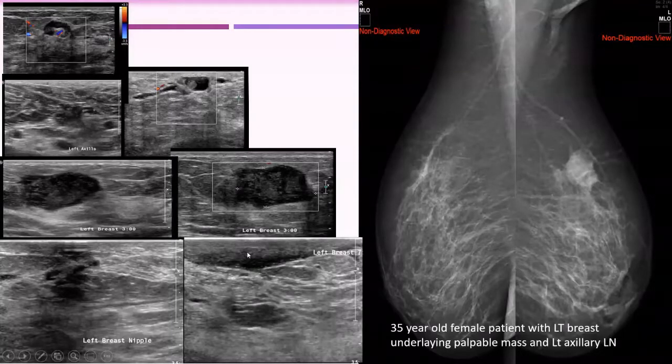So, what is your differential diagnosis? It could be inflammatory, or infectious by any organism. Inflammatory like what? Granulomatous mastitis. Excellent.